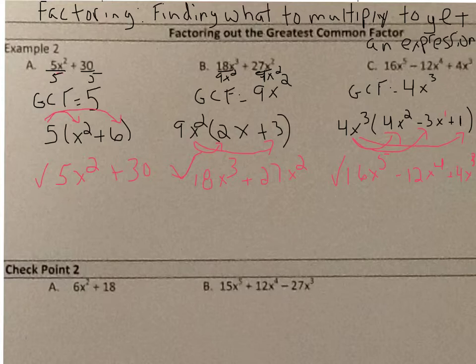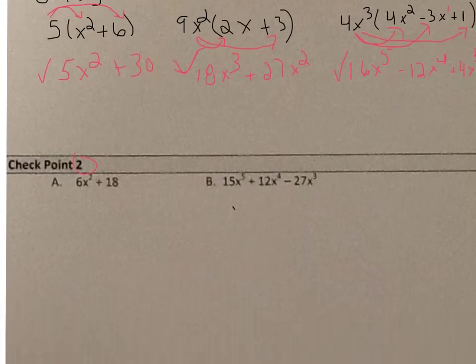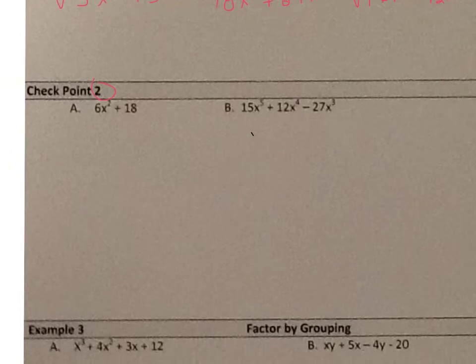You're going to try the checkpoint 2. Pause here. Work at them. When you unpause, I'll put the answers down right here. All right, so checkpoint 2 for A, we had to factor 6x squared plus 18.